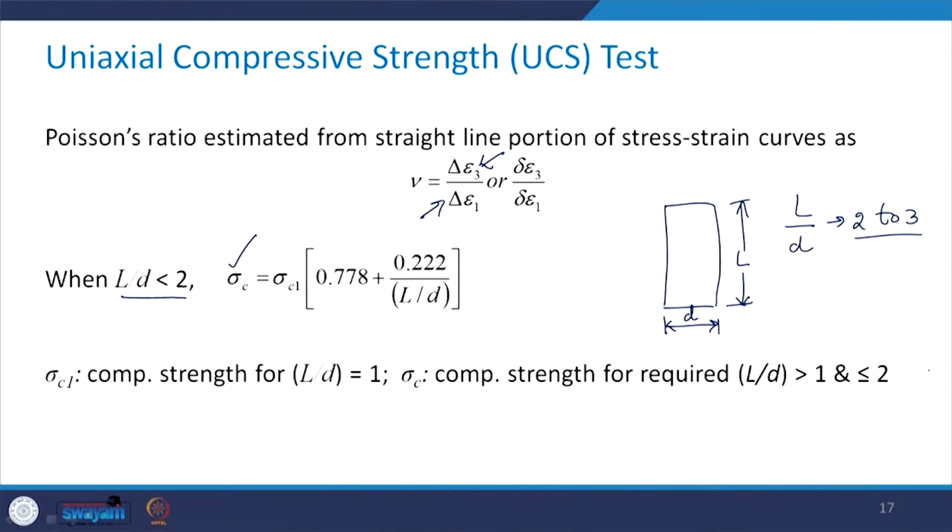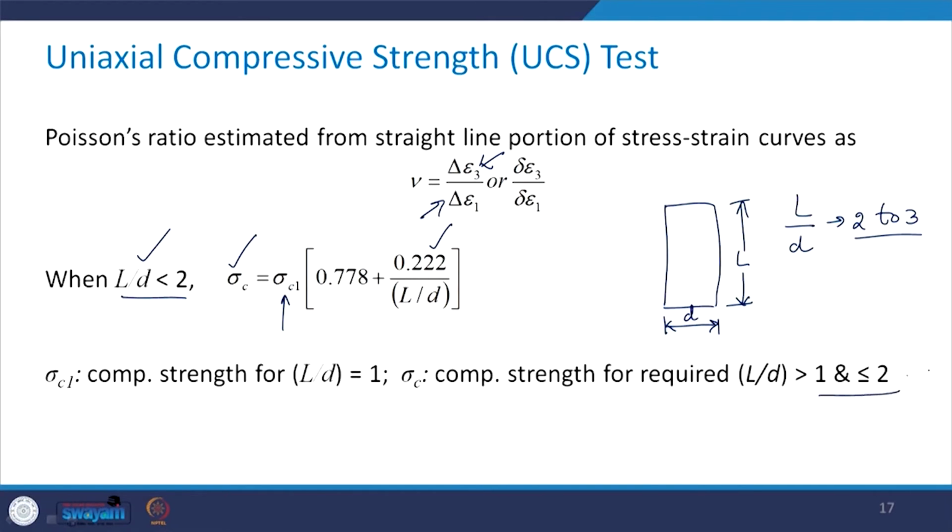You see, in case you have L by D less than 2, then this sigma C, that is the compressive strength, is equal to sigma C1, which is the compressive strength for L by D equal to 1, multiplied by 0.778 plus this factor 0.222 divided by L by D. We are saying that L by D should be less than 2, but the requirement is that this should lie between 1 and 2.